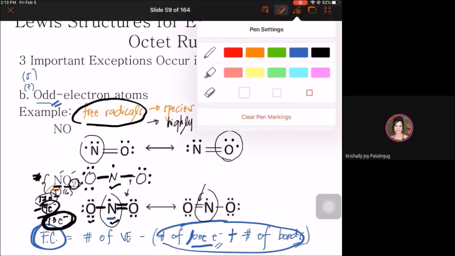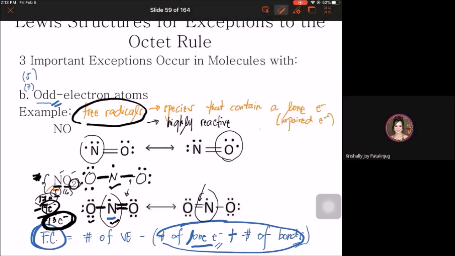Sige. So here we go to free radicals. Please take note that they are highly reactive. When we say highly reactive, they really need to undergo a chemical reaction. Why? Because they need to become stable. They are highly reactive to the point that they want to attain stability.